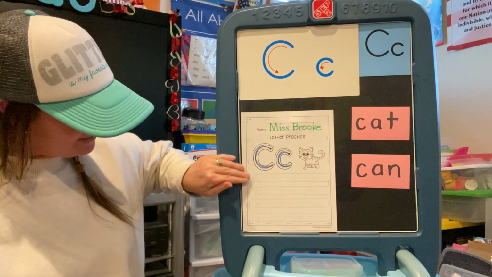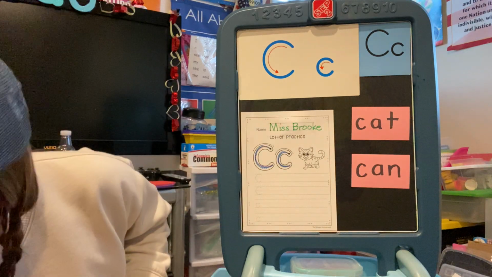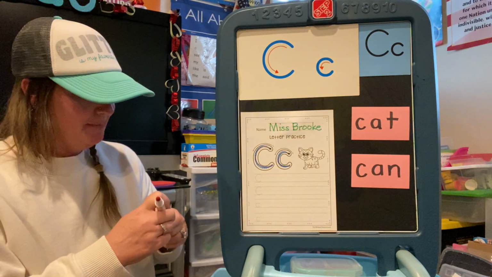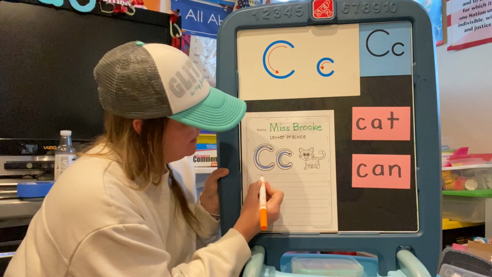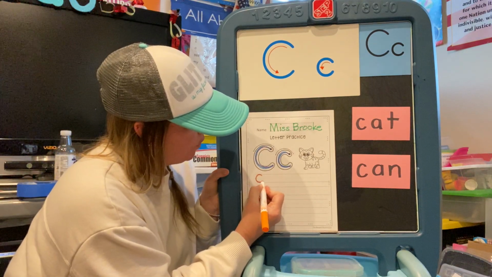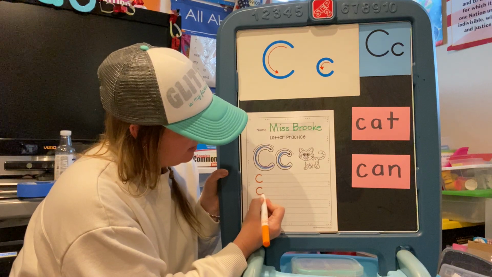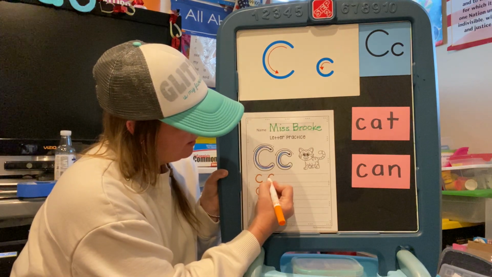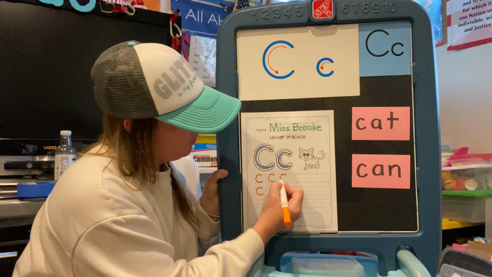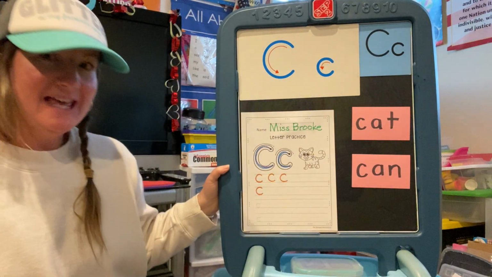So we have our capital C's and our lowercase c's. So I'm going to take my orange marker. I'm going to practice capital C. I'm going to trace over just like that. And I'm going to do it down here as well. So up here, remember, you're going to go across that whole line like that, okay?